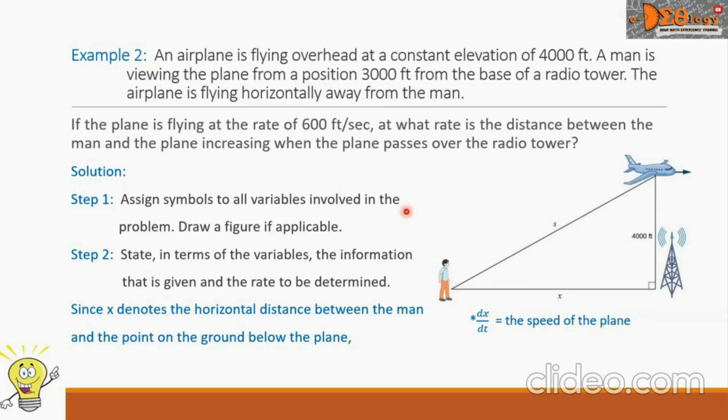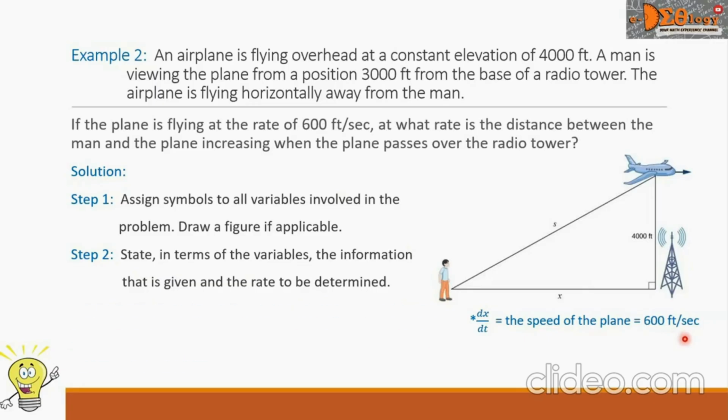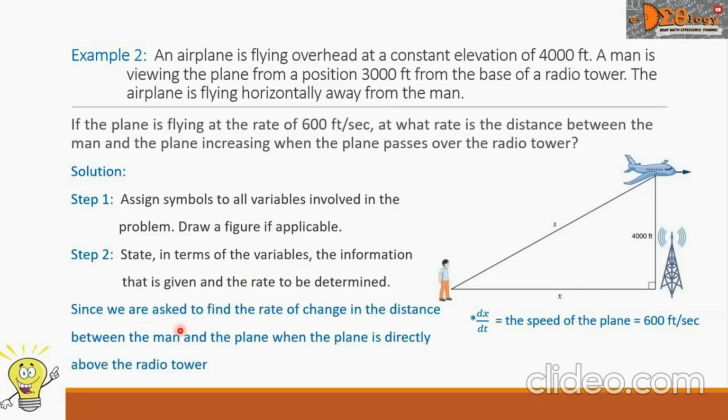In the problem, it is given as 600 feet per second. Since we are asked to find the rate of change in the distance between the man and the plane when the plane is directly above the radio tower, we want to get the ds over dt. That is when x equals 3,000 feet.